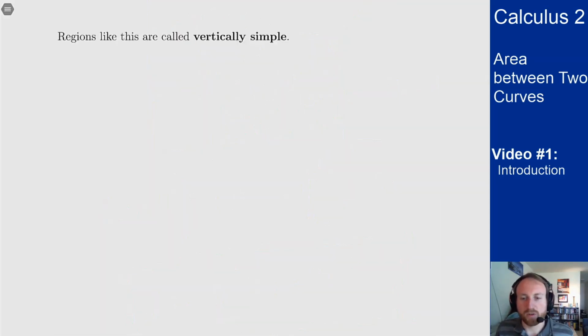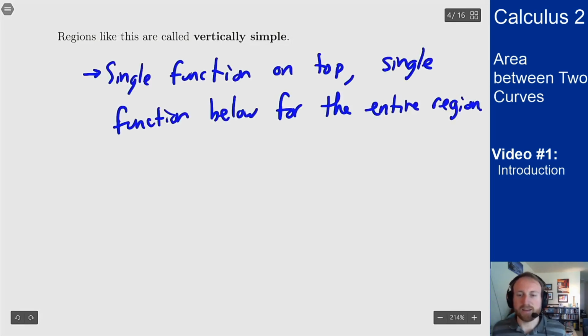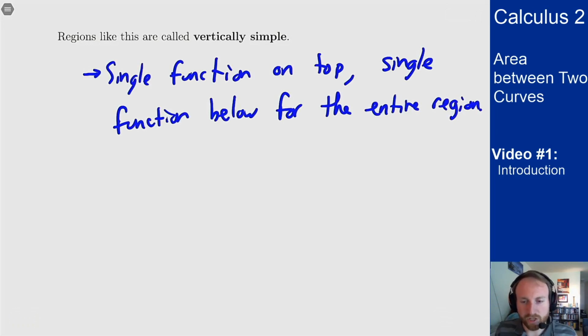So regions like the one described on the previous page are called vertically simple. What do we mean by that? Well, we mean that the region is one such that there is a single function sitting on top of the region the entire time and a single function sitting below the region the entire time. That is, I have a function f and a function g such that my region is the area between some points a and b in the x direction and f on top, g on the bottom.